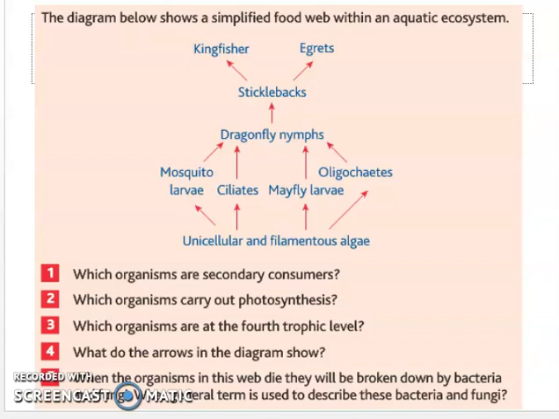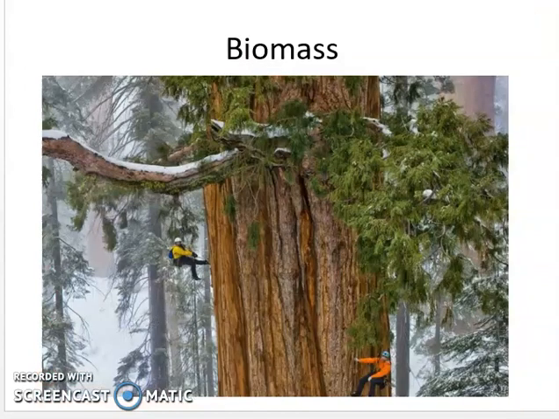Okay, the next bit we need to talk about is something called biomass, which is biological mass. Now that's the next part of the specification. So biomass is just what I've said it is. It's biological mass. So when a plant does photosynthesis, it takes that glucose, and it's got two possibilities with the glucose, and I'll come to this in another video.